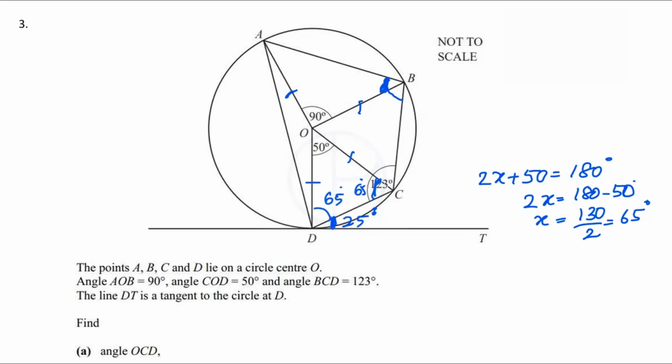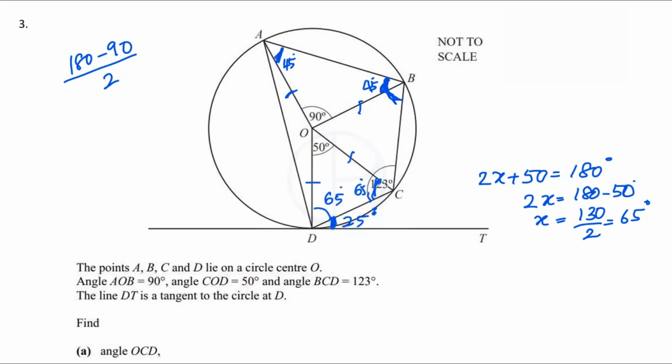So these two angles are equal. What is that angle? 180 minus 90, divided by 2, which is 45. So this is 45.